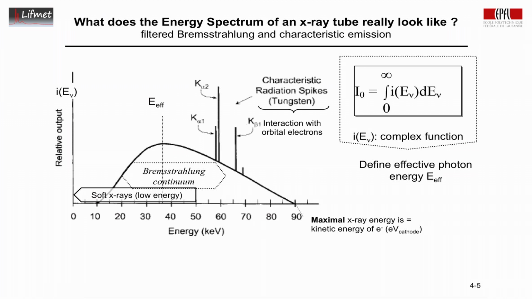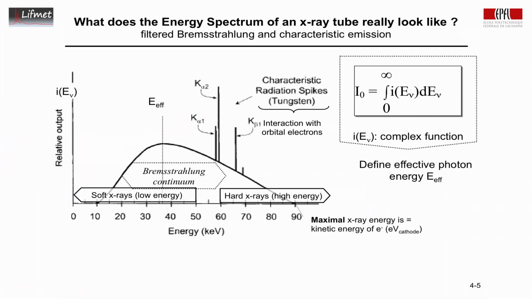Now here's a term that I'd like to introduce, that is the term soft X-rays. They are soft because they have low energy. They're called soft because they don't penetrate very deep into the tissue. And in contrast, we have the hard X-rays. They are high energy, they are more penetrating, and that's why they are called hard X-rays.